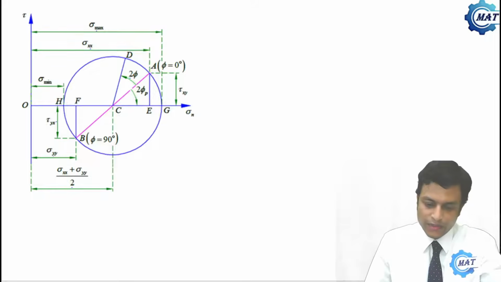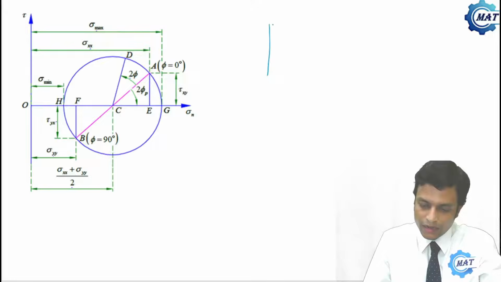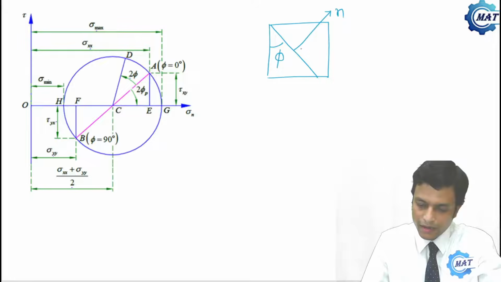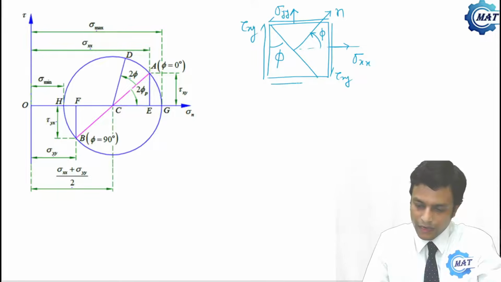Now say one has been asked to calculate the stress values on a plane whose normal makes angle phi with the x-axis, that is n, phi, and this is sigma xx, this is sigma yy, this is tau xy, that is tau yx.